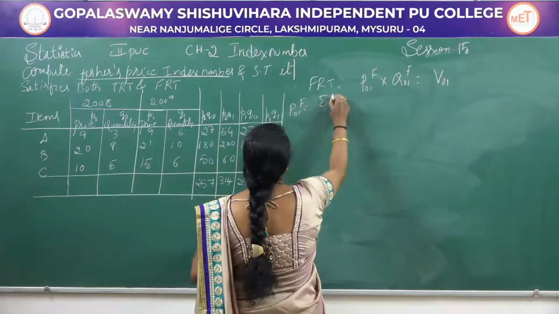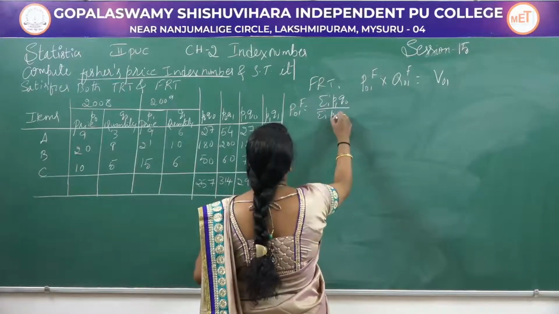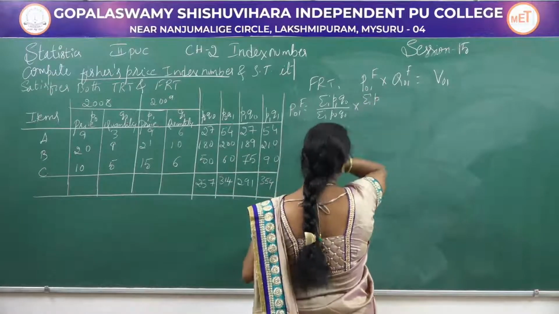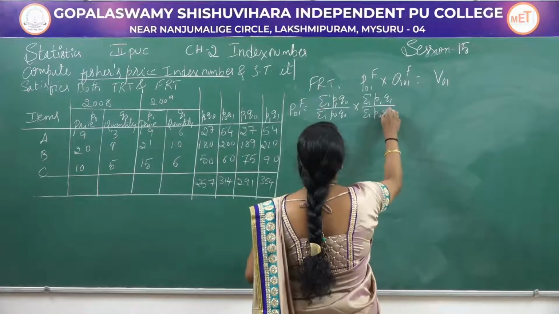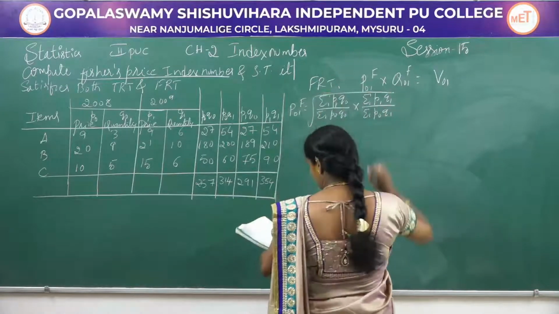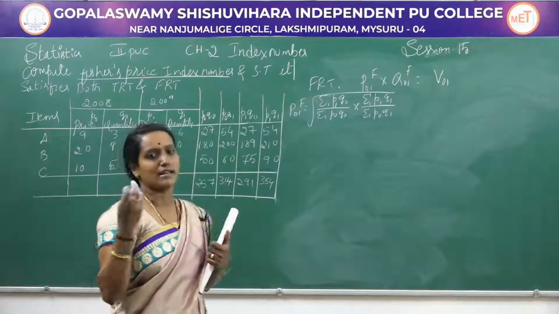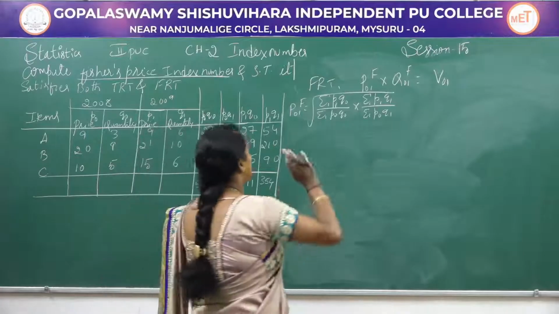It is summation of P1 Q0 by summation of P0 Q0 into summation of P1 Q1 by summation of P0 Q1, the square root. Here we will not take 100 when we are calculating. Inside the square root again we will not consider the 100.